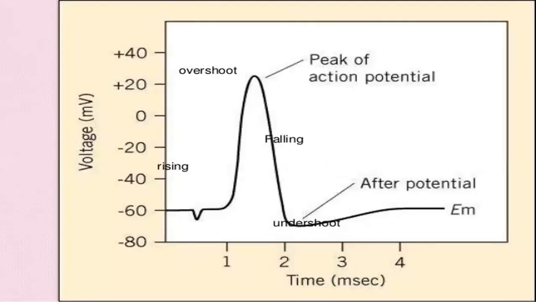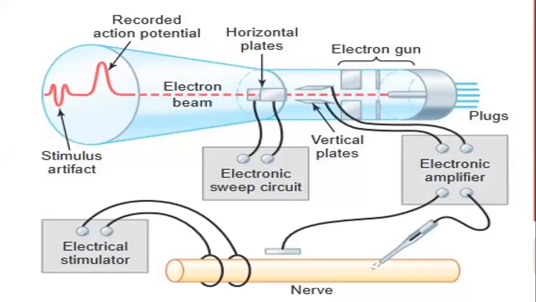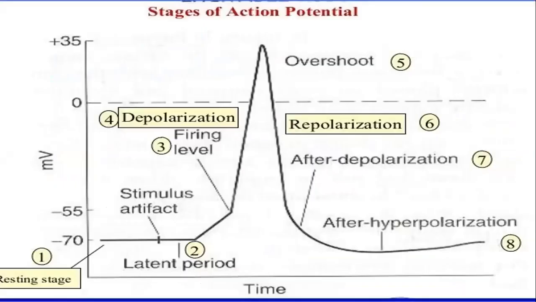You can see here, same picture: action potential, overshoot, depolarization, repolarization, then some hyperpolarization, finally returning back to the resting state. You can record all this with the cathode ray oscilloscope. So initially there is some leakage of current that is responsible for the stimulus artifact.